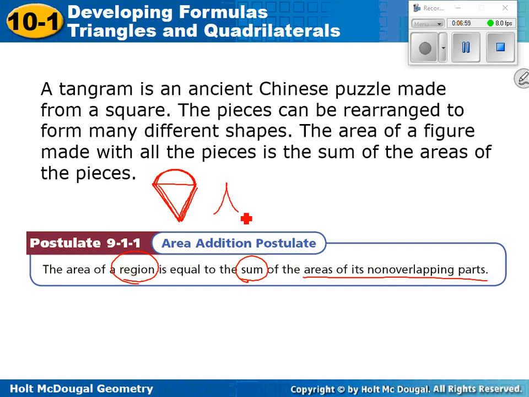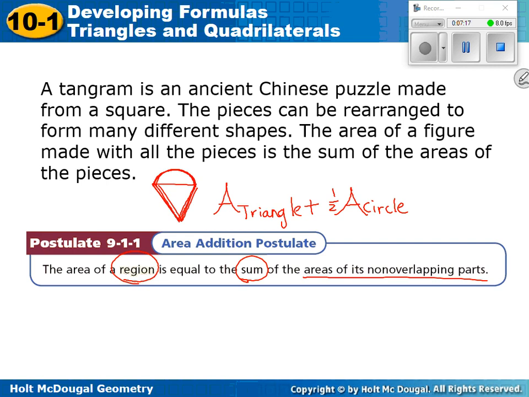Meaning, you would find the area of the triangle, and you would find the area of half a circle, and you would do what with those two? Add them together. So that's your area addition postulate. Just reminding you that you can divide shapes into different shapes and add them all together.